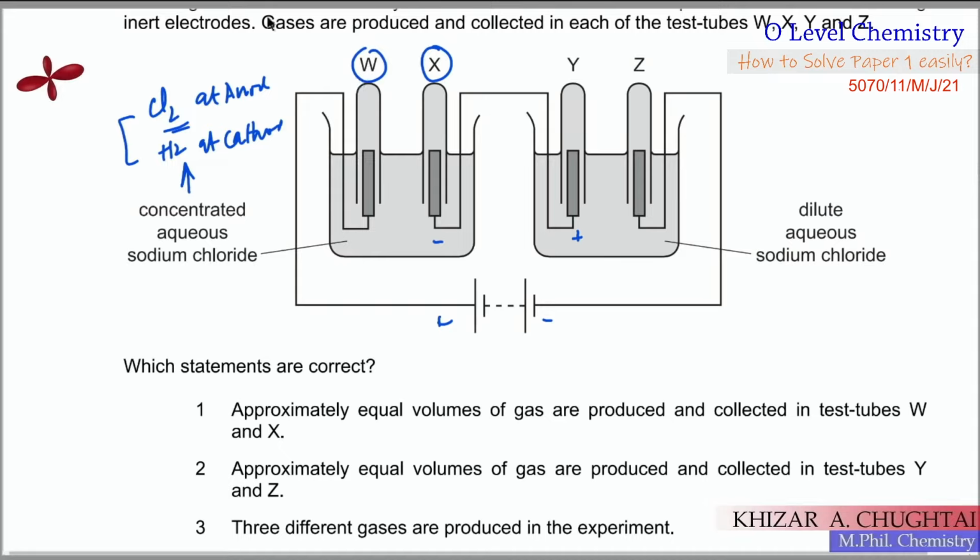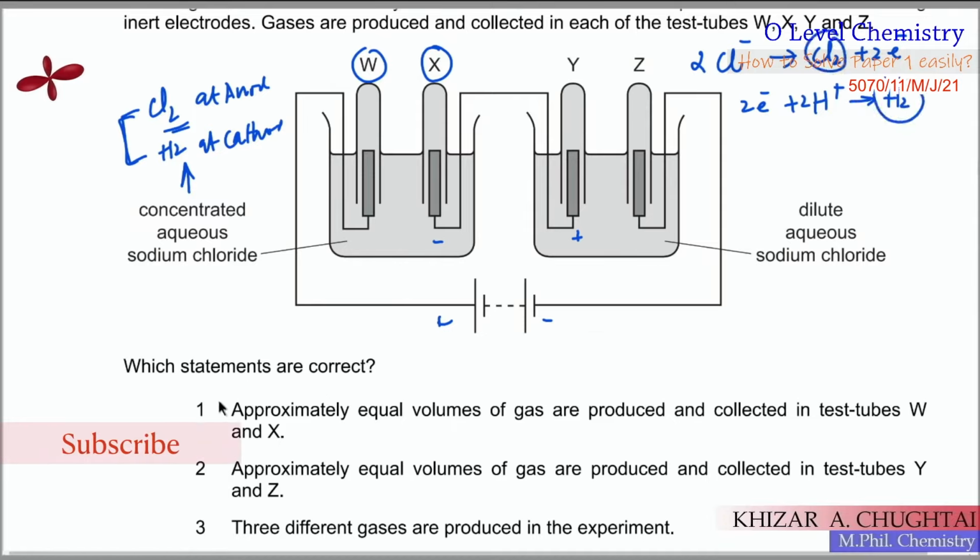They both will be in 1:1 molar ratio, because we can write their equations: 2Cl- goes to Cl2 plus loss of 2 electrons, and these 2 electrons will be captured by the H+ ions. So the first statement is correct.